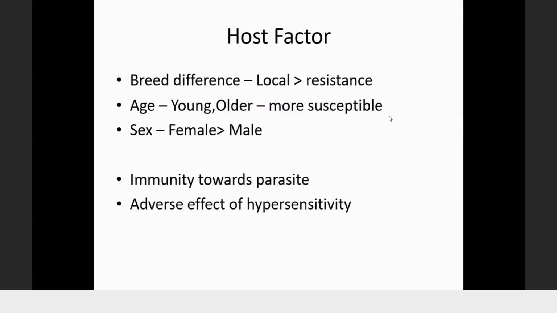Maybe because females are more involved in the stress of pregnancy and also calving and nursing their young. And then there's also immunity toward the parasite, which I'll explain later. And then adverse effect of hypersensitivity, this is due to the thick saliva.